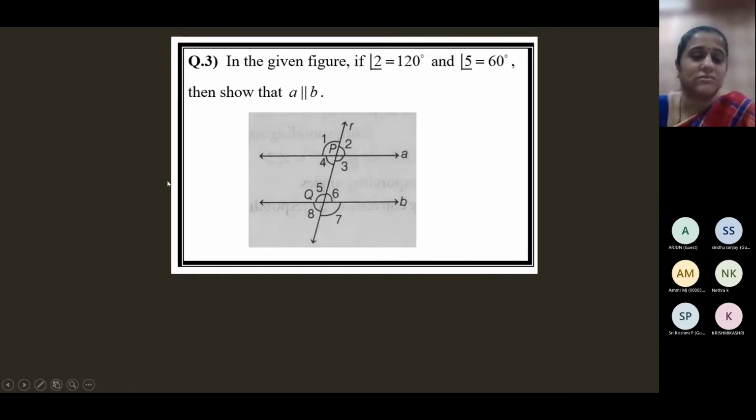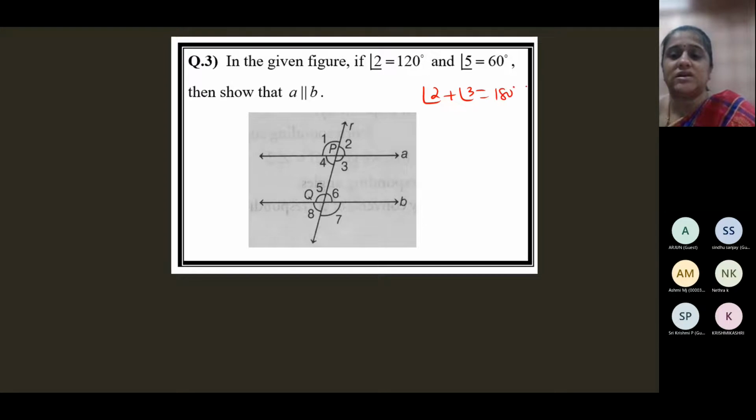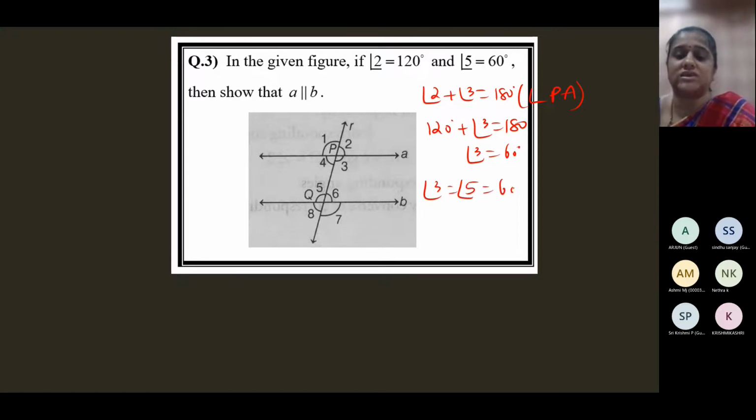See here. Angle 2 plus angle 3 is equal to 180 degrees. Reason: linear pair. So 120 degrees plus angle 3 is equal to 180. Angle 3 is equal to 60 degrees. Angle 3 is equal to angle 5 is equal to 60 degrees.